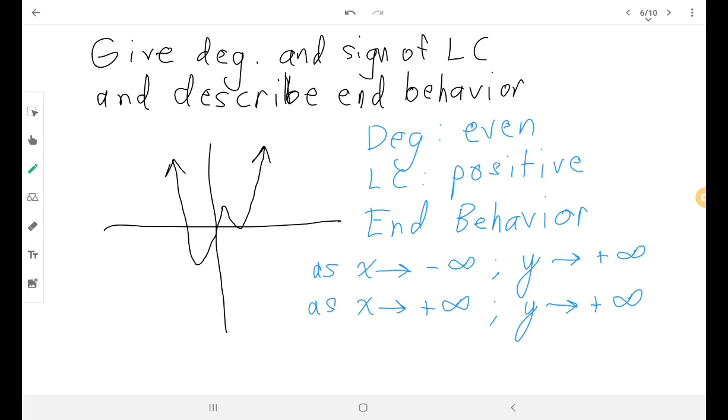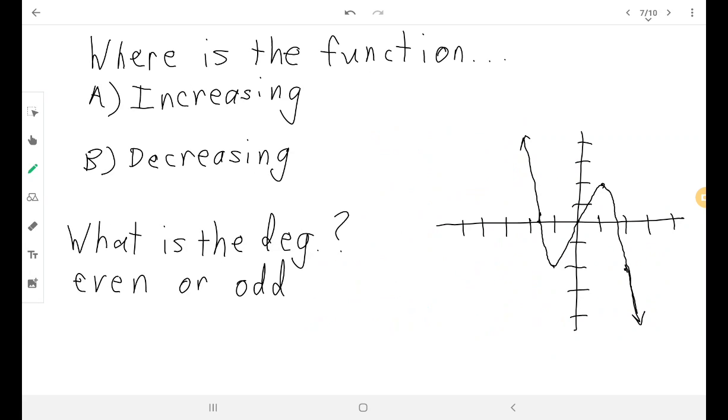Okay, moving on to the next slide, the next board. All right, so now there's going to be a question of where is the function doing certain things. So I've got a function graphed over here, and the question is, where is it increasing?